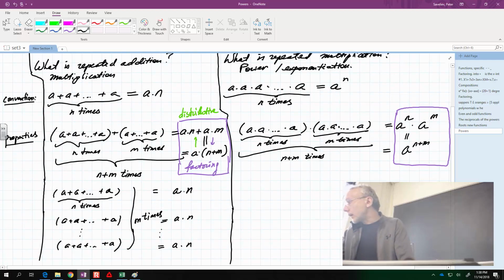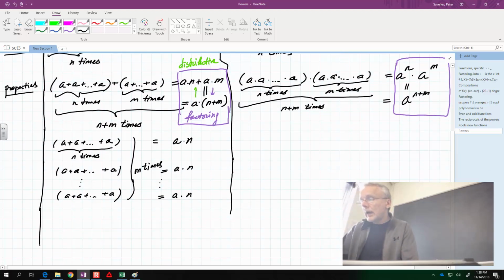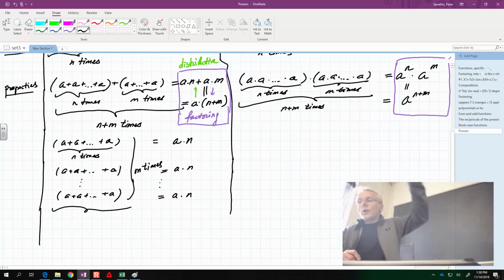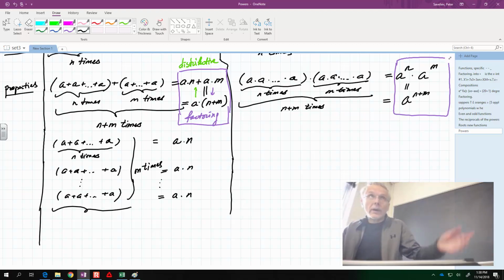But on the other hand, how many a's do we have total in the whole thing? Each row has n, and there are m rows. So altogether, how many? I forgot to put a plus sign here.